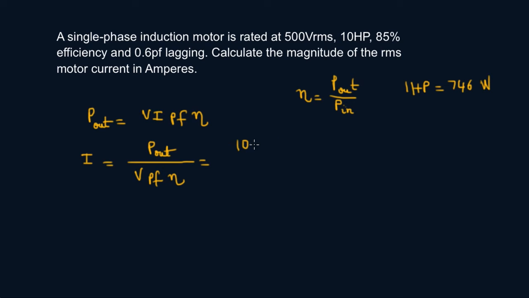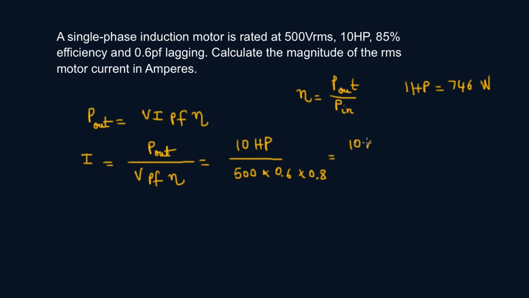So you convert that into watts, because you're dealing with watts here. Let me put 10 horsepower here, and then we'll convert so that you see what I'm doing. So 500, the voltage, power factor is 0.6, efficiency is 0.85. You can't use horsepower, so you've got to convert it to watts.